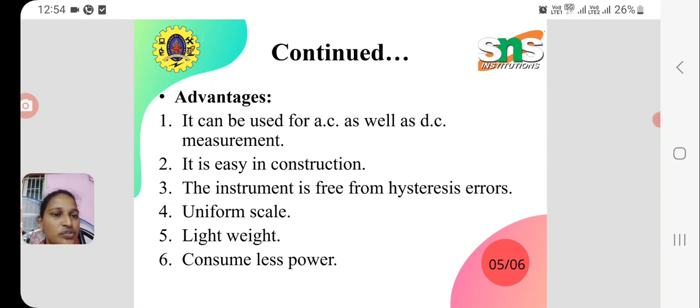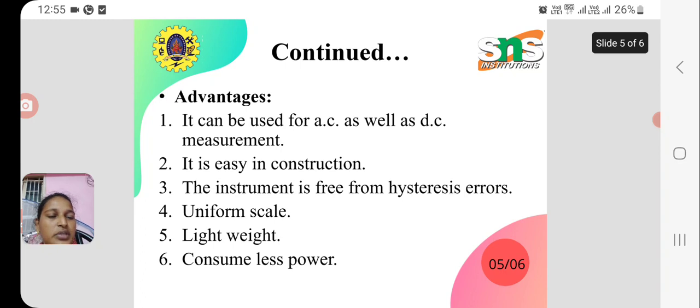The construction is very simple, and since it does not involve any iron materials, the instrument is free from hysteresis errors, and it has a uniform scale. The weight is light and it consumes very little power, of negligible value.